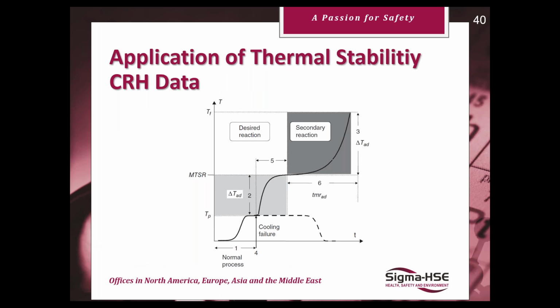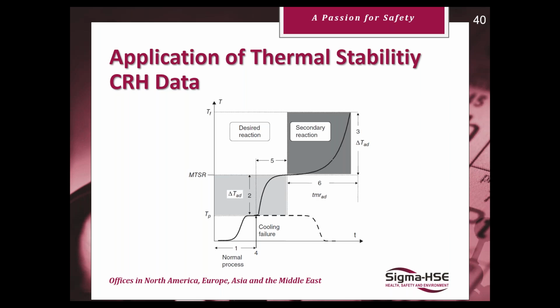And the reason we need to consider these different tests in conjunction with each other is outlined a little bit here. So the application of thermal stability and reaction calorimetry data: we've got a scenario here where we've got our normal process in stage 1 at the bottom. We've got an exotherm as we go through time, which we are anticipating.